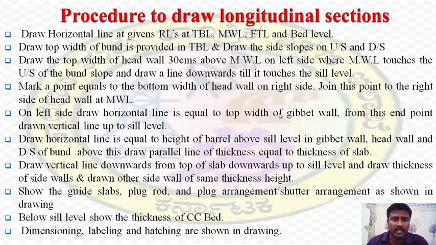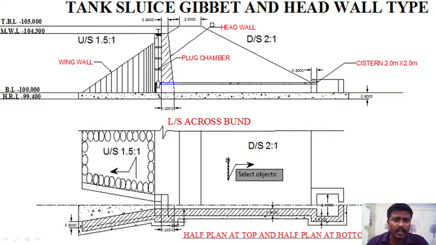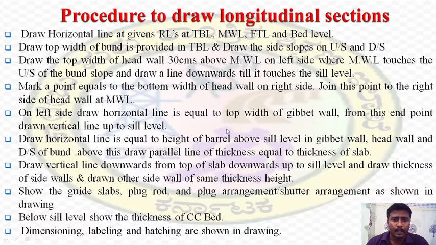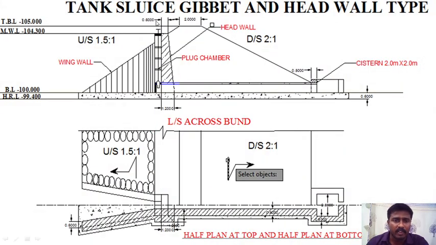From the left side draw a horizontal distance equal to the gibbet wall thickness. Next, from these end points draw vertical lines up to the sill level.